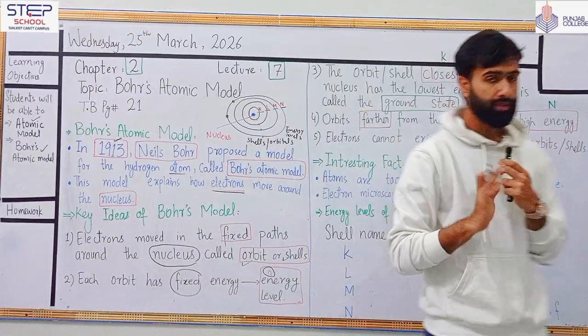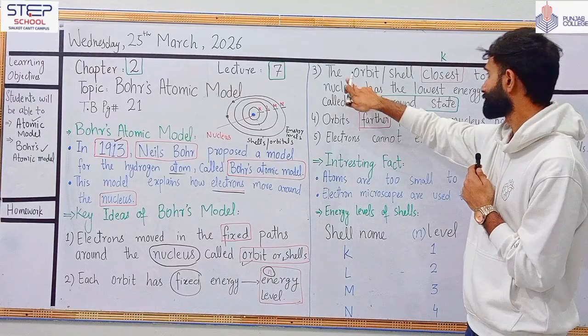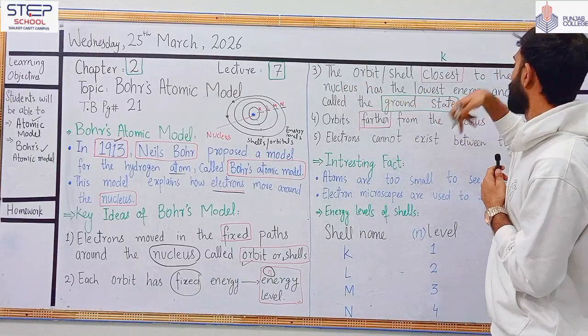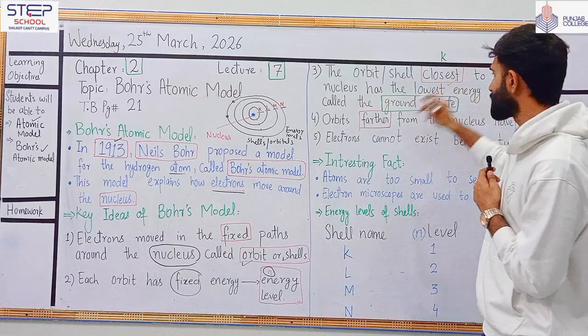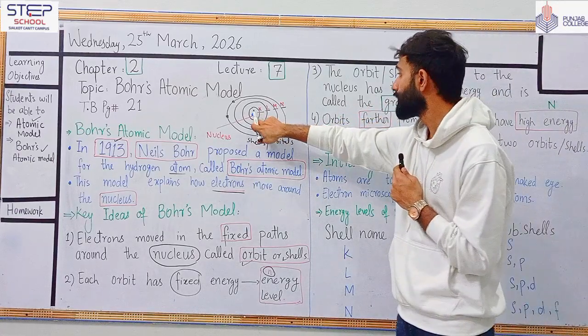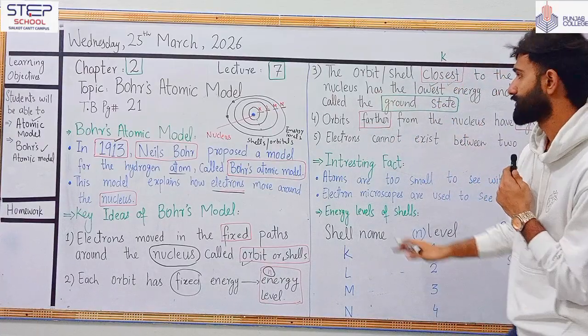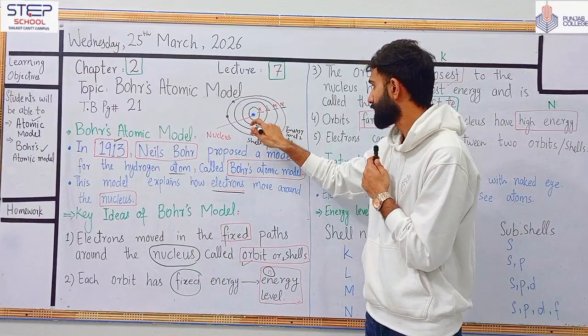The third postulate given by Niels Bohr: the orbit or shell that is closest to the nucleus has the lowest energy. Look at the diagram. Here is the nucleus.